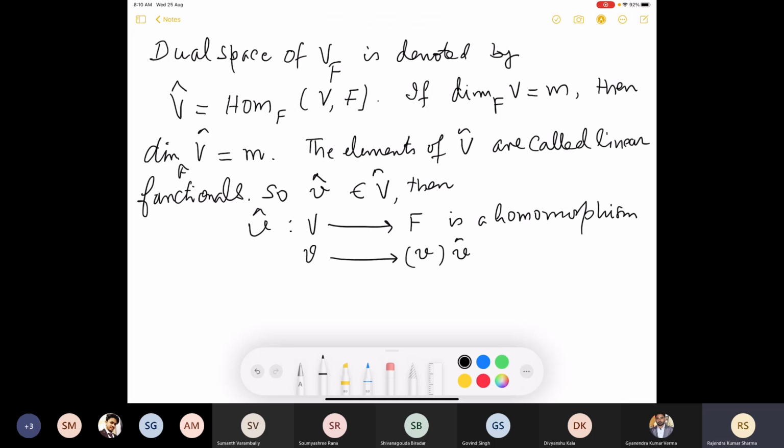So f is a map and V is a vector. If you want, you can put here U or W so that you don't get confused. So this is how it takes the elements of V to an element of F.